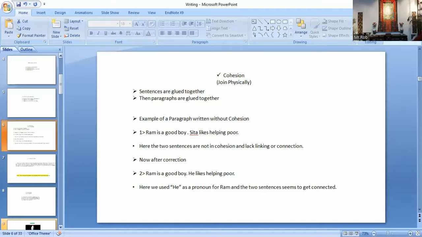He likes helping poor. Note that how these two sentences in version 2 stick together or glue together, are tied together or linked together or connected together as compared to the version 1. Here we used he as a pronoun for Ram, and the two sentences seem to get connected.